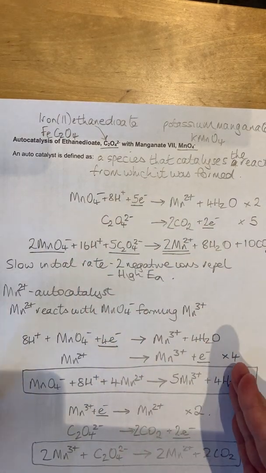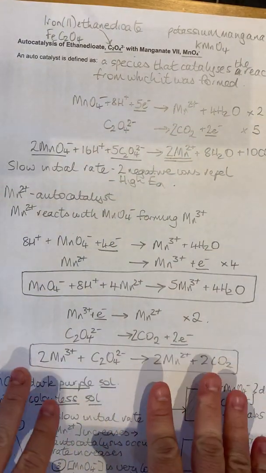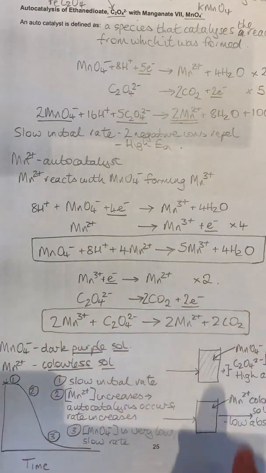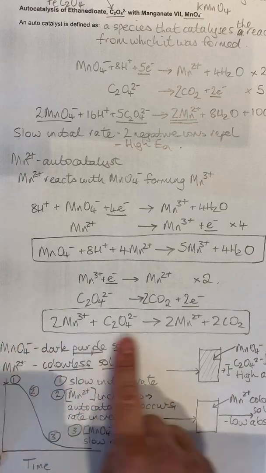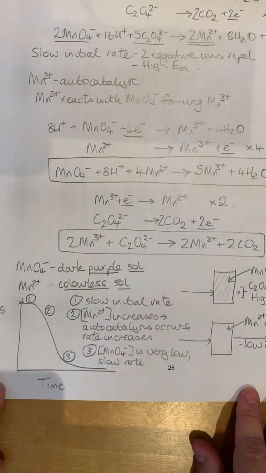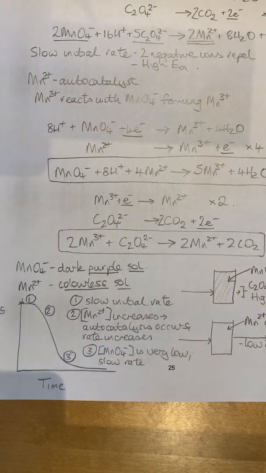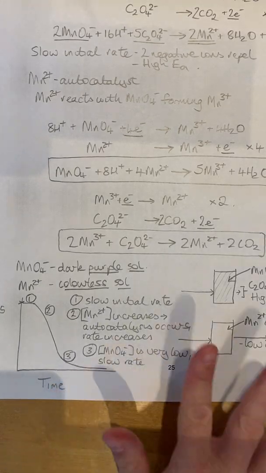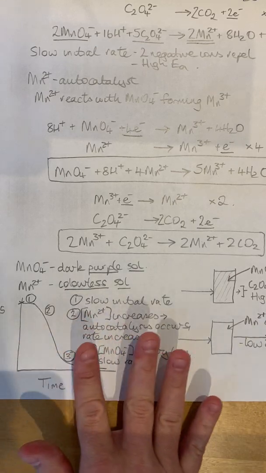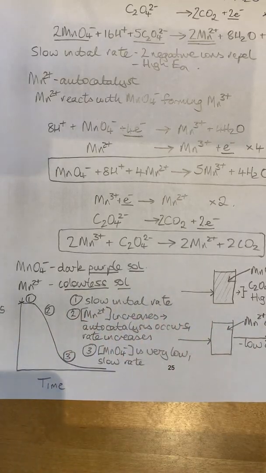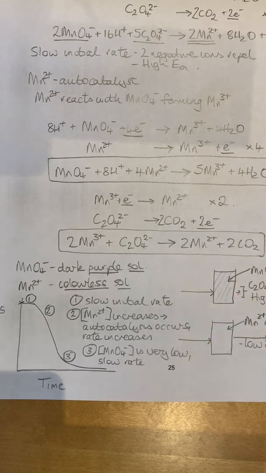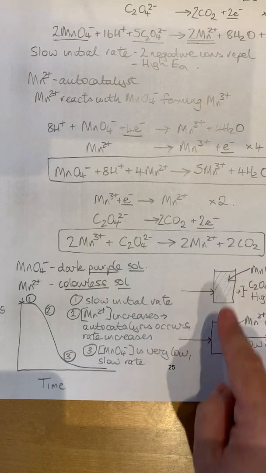Combining the equations, getting the other equation, the one with C2O42-, which is a lot simpler, and then also explaining how this practical, or this experiment, could be followed using a colorimeter or a spectrophotometer, and also understanding the reasons as to why we can use a spectrophotometer or colorimeter, which is due to the large difference in colours and being able to track the absorbance of light through each of these containers that we're holding the reaction mixture in.